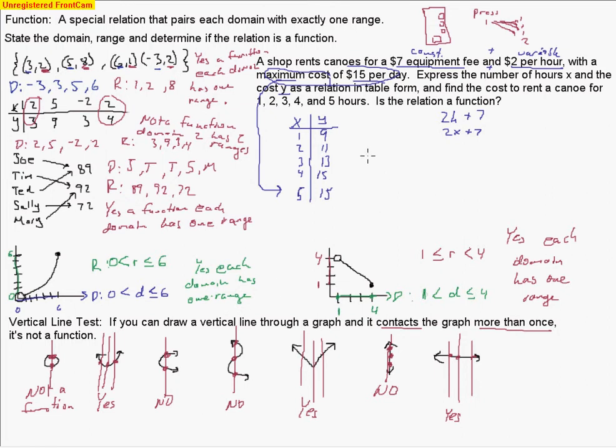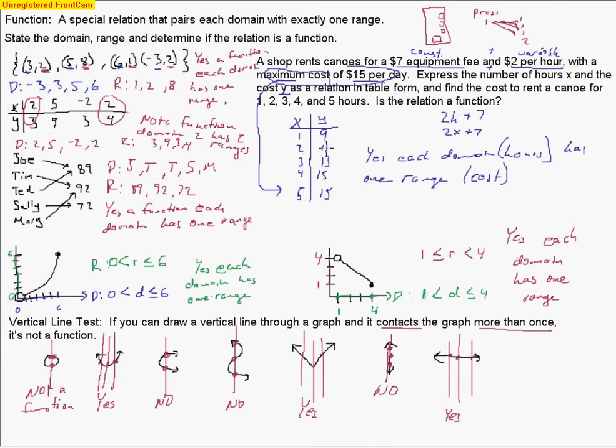Well, we would say yes, it's a function. Each domain, which represents the hours here, has one range, which is the cost. What that means is, when you plug in 1 hour, you're always going to get $9. You're not going to get a different cost. When you plug in 2, you're not going to get a different cost.